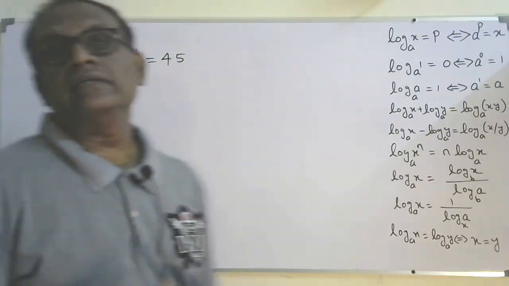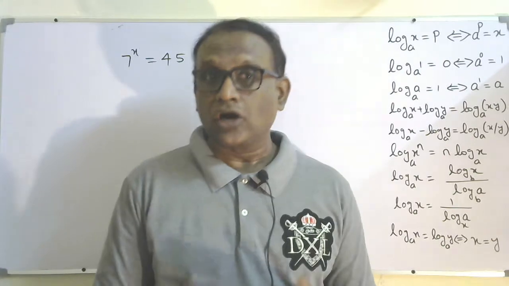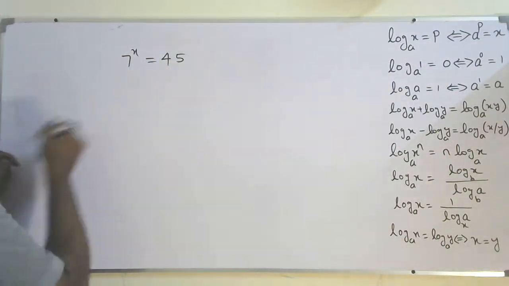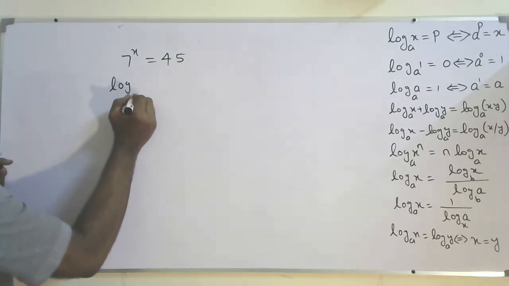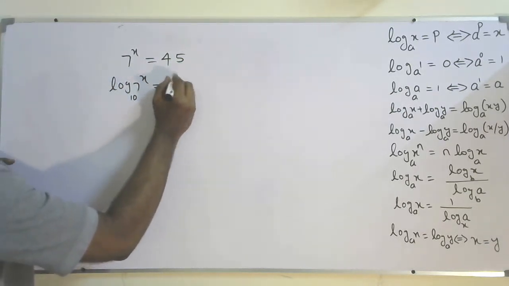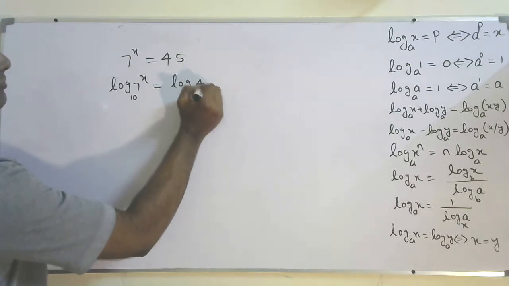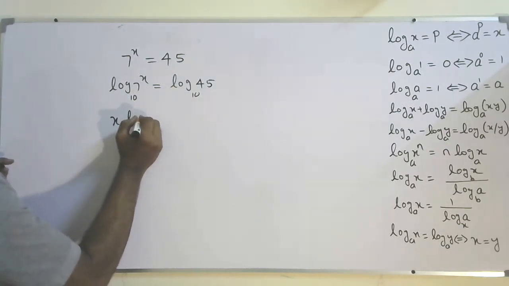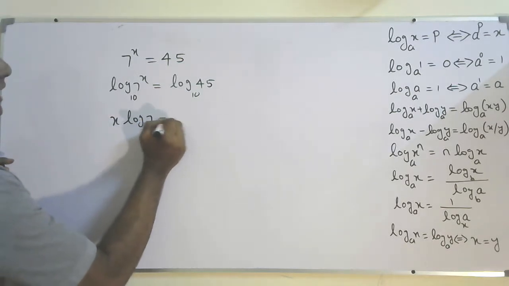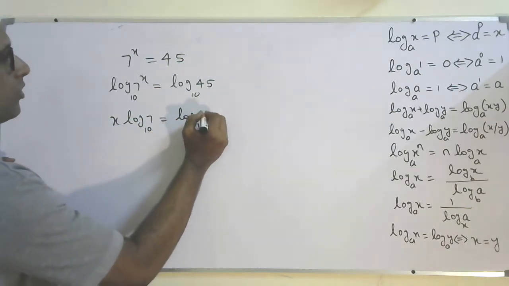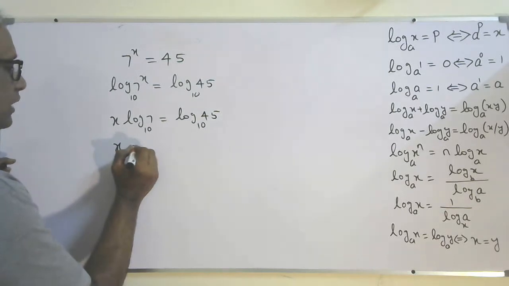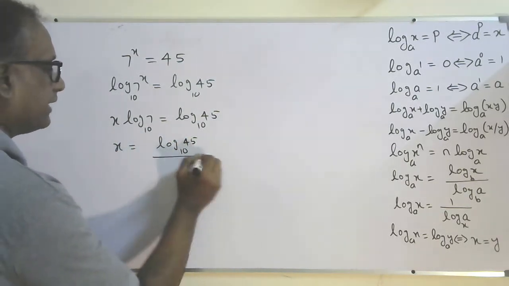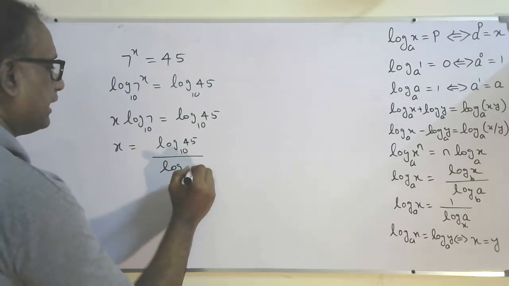In a scientific calculator, you can get log of base 10 for any number. So we take log of base 10 on both sides, and we say log 10 of 7 to the power x equals log 10 of 45, and we use the power rule. That means x times log base 10 of 7 equals log 10 of 45, and x equals log 10 of 45 divided by log 10 of 7.